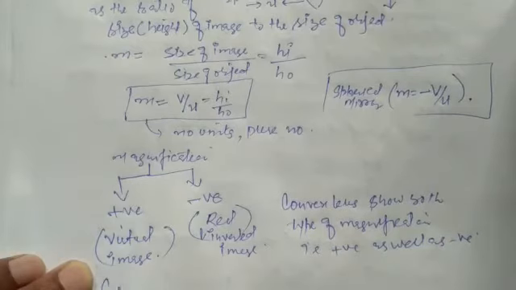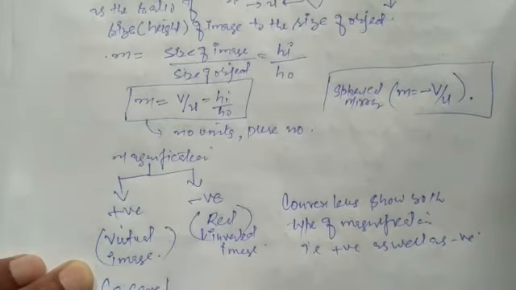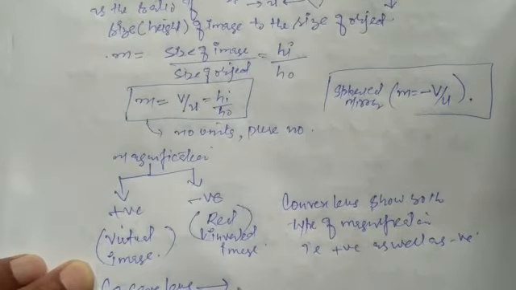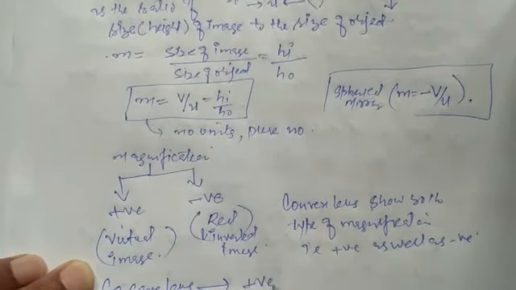And concave lens only shows which one? Positive magnification.